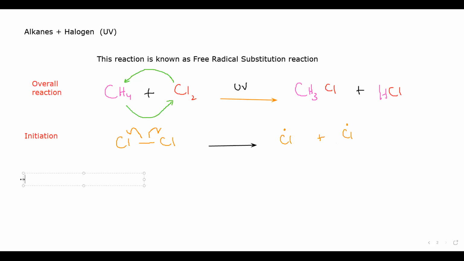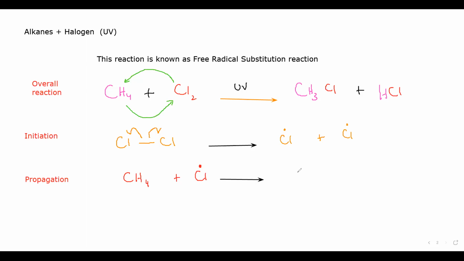Then the second is propagation. What happens in propagation? If we have methane, which is CH4, reacted with the chlorine radical, this results in the formation of a methyl radical.